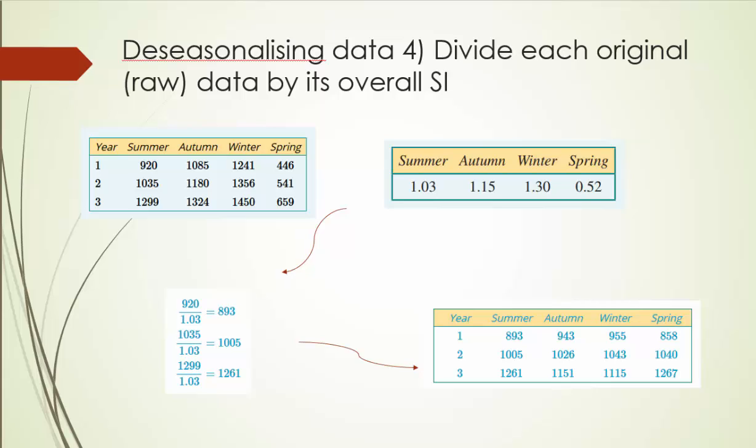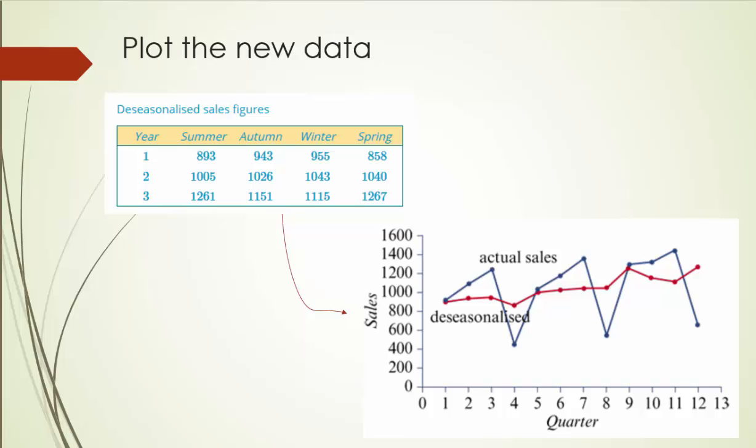We divide that by 1.03 and get the 893, which goes in the last table. Similarly, going down or across, whichever order you want to do, each number must be divided by its overall seasonal index for that season. And that's your 4 steps. And those 12 numbers bottom right are the deseasonalized data. And that's where they come from.